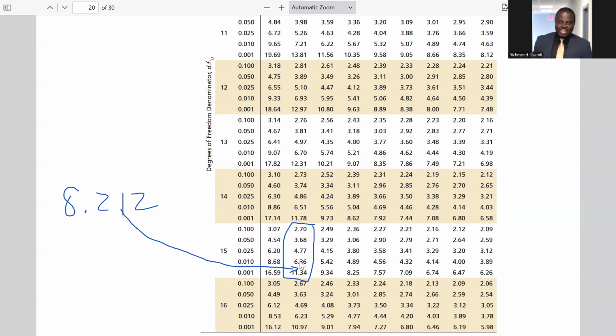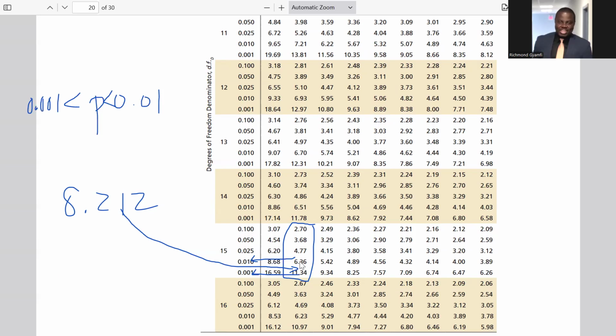And then I'm going to check here for my p-values. So my p is going to be between 0.001 and 0.01. That's my p-value.